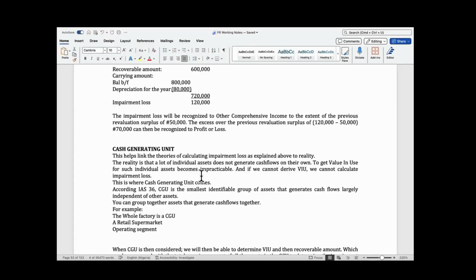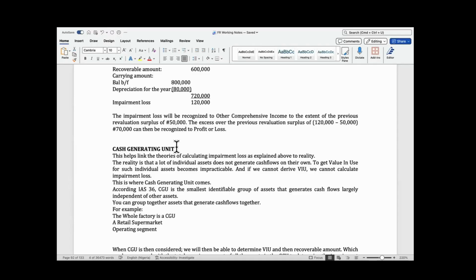Yes, you can determine net realizable value of most assets, but to determine their value in use is difficult because they don't generate money on their own. Because of that, we cannot determine their value in use.